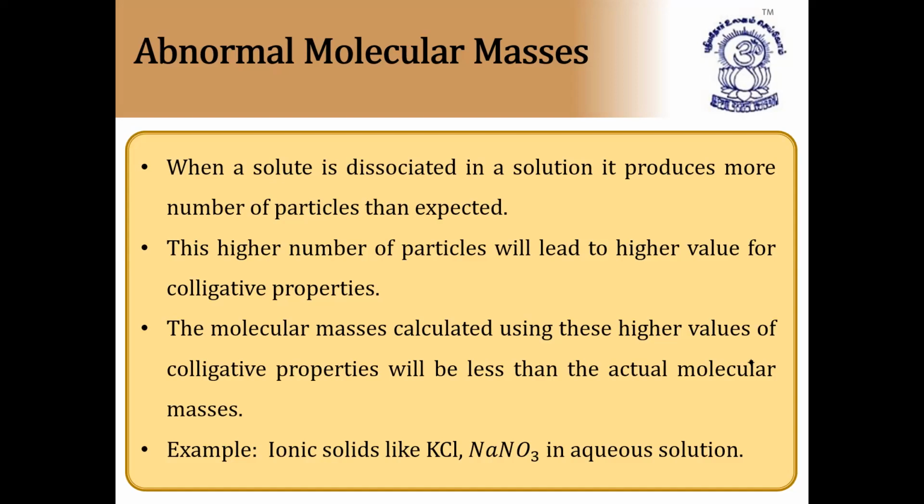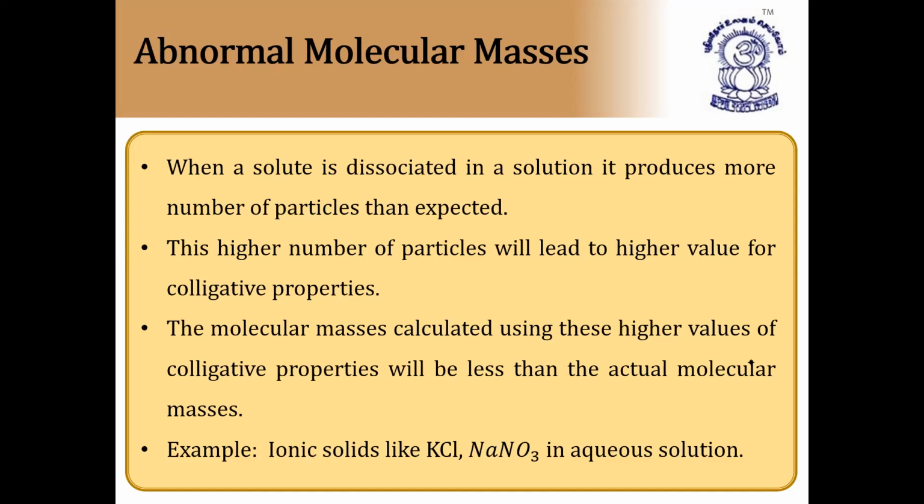So when electrolytes are dissolved, the colligative properties will change because they dissociate into ions, whereas non-electrolytes do not. So all the colligative properties will change, and that is the topic called abnormal molecular masses.